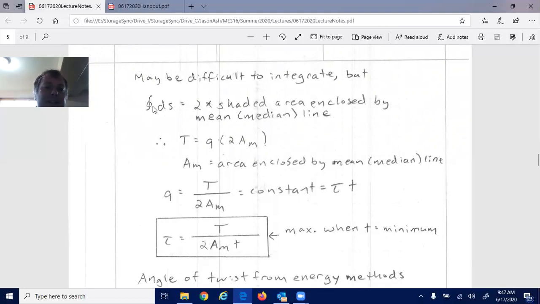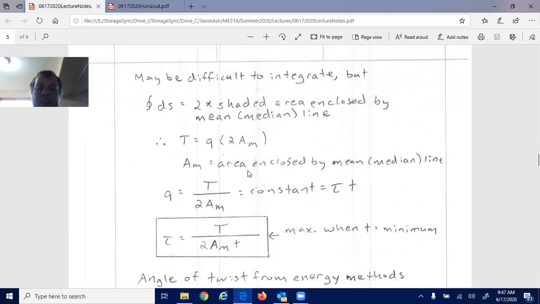Yep, I was right. There's a row that's missing right there. So I'll get that fixed in the notes and updated. And so we have then torque is equal to Q times 2 AM.